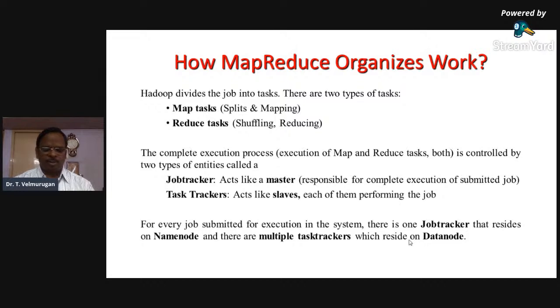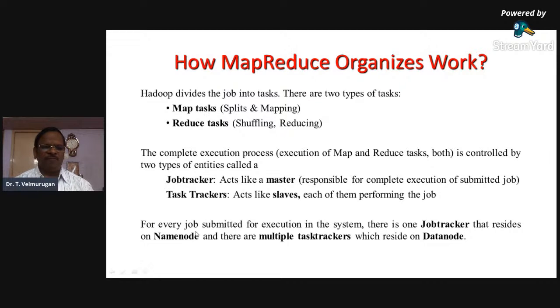Okay. Now, how does MapReduce organize? Already we told map task and reduce task, job tracker and task tracker. We know the work of the map task and reduce task very well. What is the work of the job tracker, which acts like a master, and the task trackers, which act like slaves, each performing on the jobs?